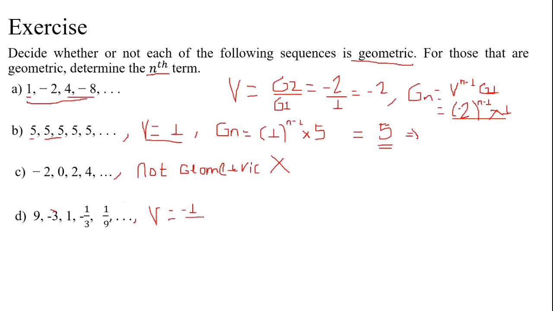You can also check using the third term and the second term: 1 over minus 3 is minus 1 over 3, and minus 1 over 3 over 1 is minus 1 over 3. So we can say that this sequence is geometric.